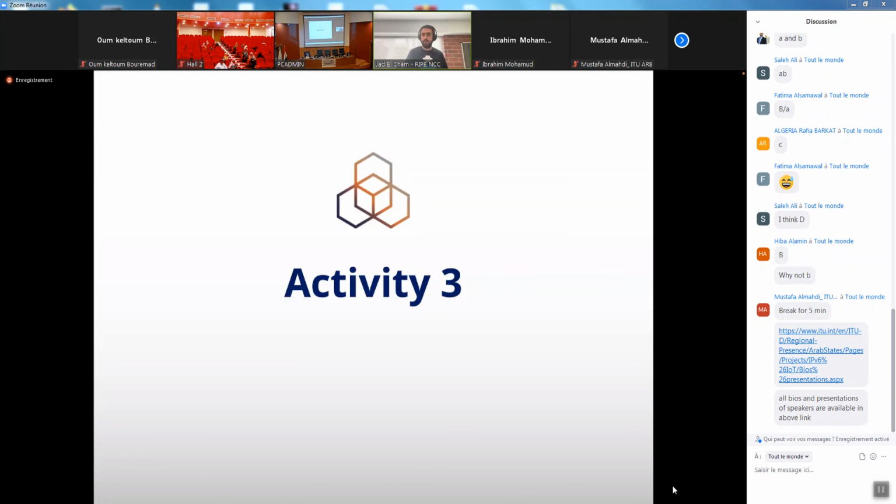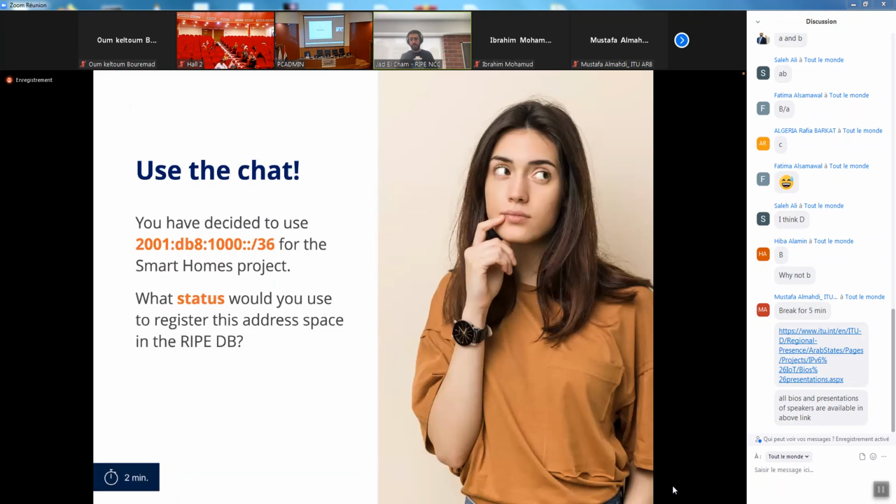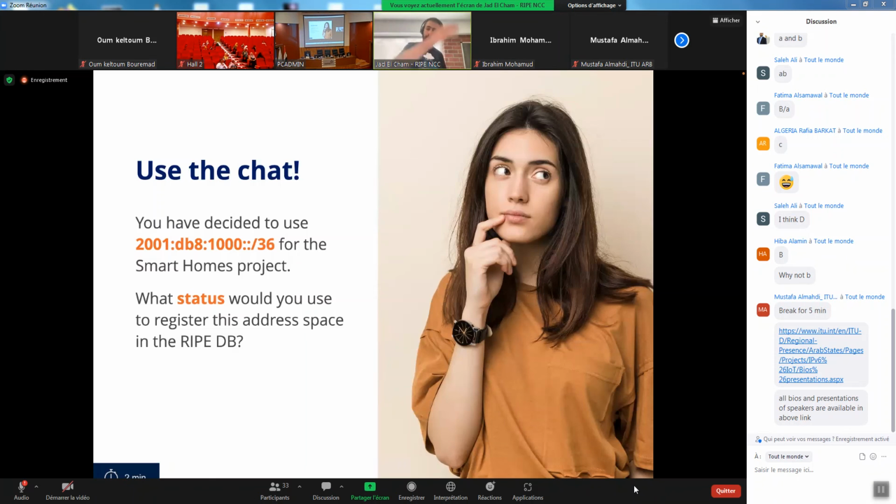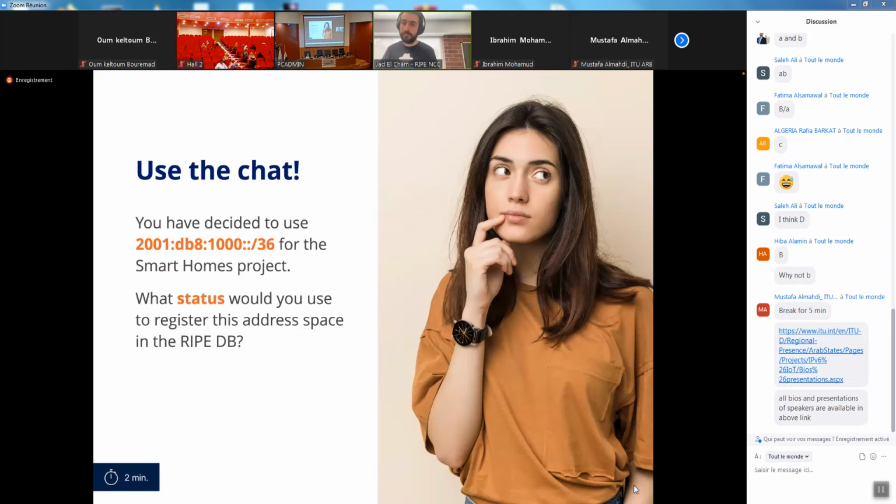So at this point, we have decided which address space to give every house, and we figured out the whole address space for the whole project, so the 1 million houses. All right. Now the question is, how do you reflect this in the RIPE database?